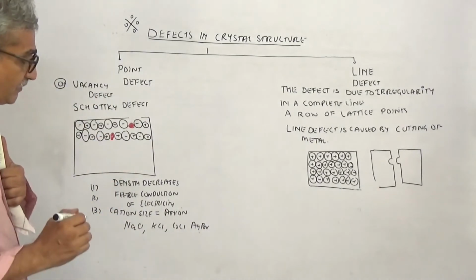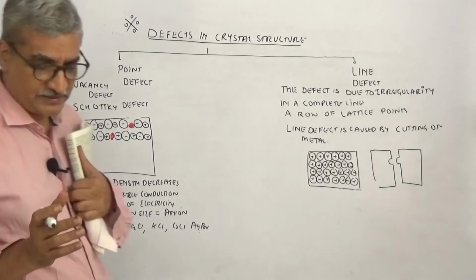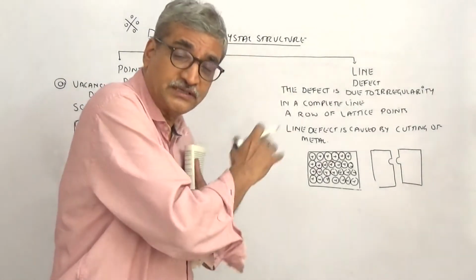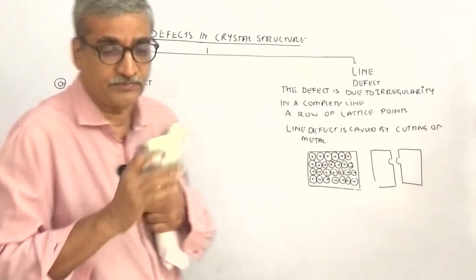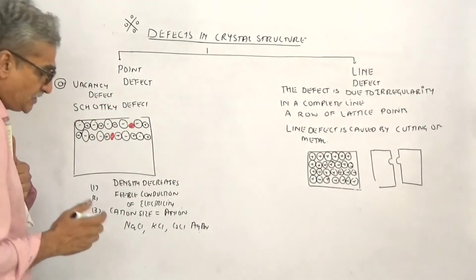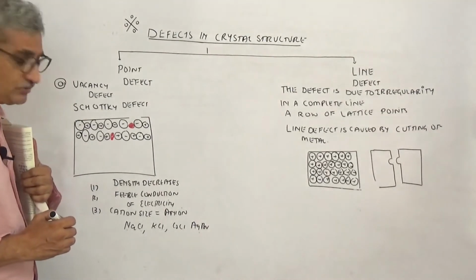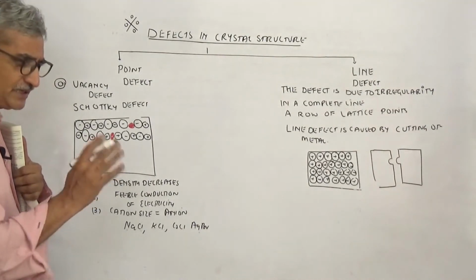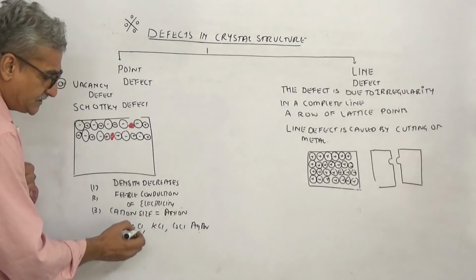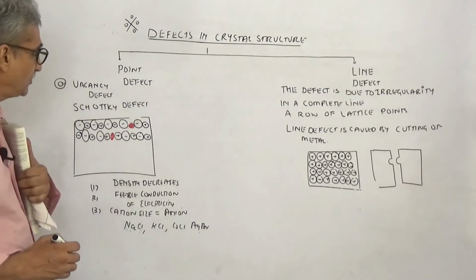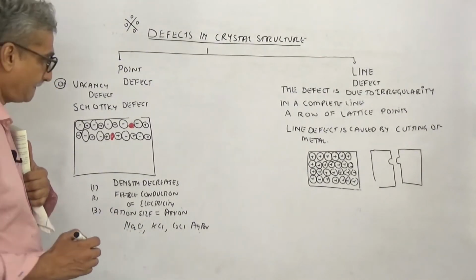There is a special reason. Why? Because AgBr is one silver bromide which can boast both Schottky as well as Frenkel defect. The next one what I am talking. It is clear. So generally sodium and chlorine, they belong to the third row. So nearly the cationic size and anionic size is same. So they will show what we call Schottky defect.